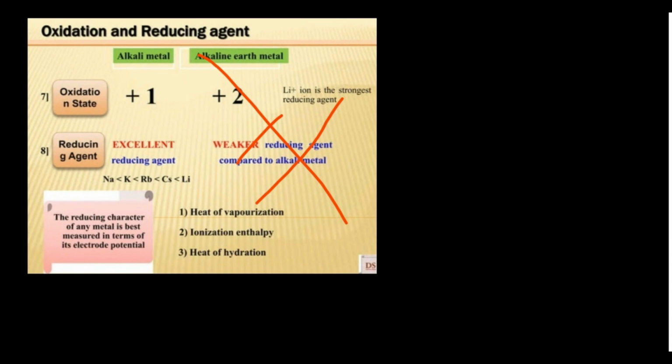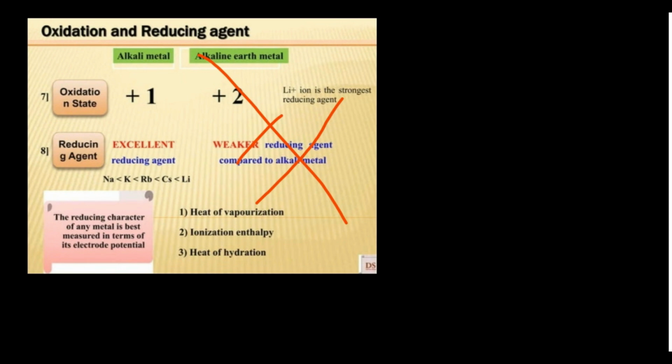Generally they also form a special type of reducing agents. I'll discuss those things also in a little while, but you should know this thing. Because they have a strong tendency to lose s electrons, they are very powerful reducing agents.